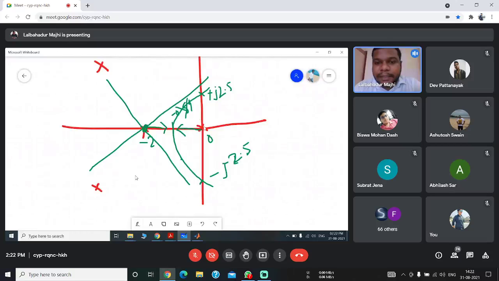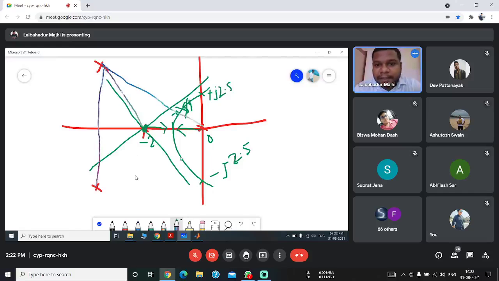We have to draw angles from all other poles. So let's draw the pole angles, from this 0, this -2, and this another pole. We have to measure this angle and this angle. This angle is 90 degrees, but we have to measure this one.